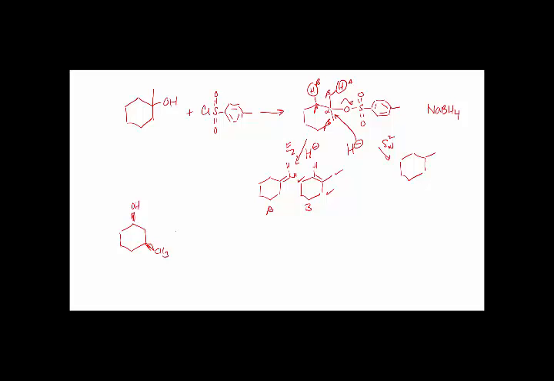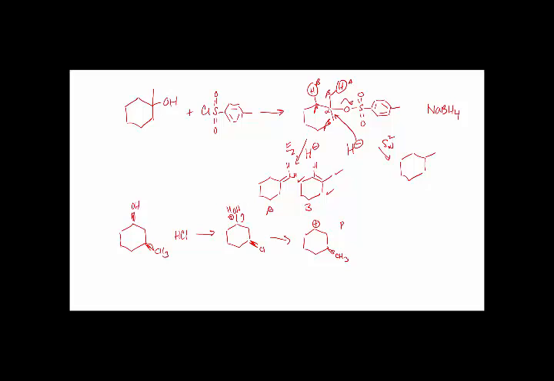Or HCl. So if I react this with HCl, it's going to undergo SN1. That means I'm going to protonate the OH to form an oxonium ion. Then because it's a secondary carbon attached to it, I'm going to lose the water and end up with a plus charge.